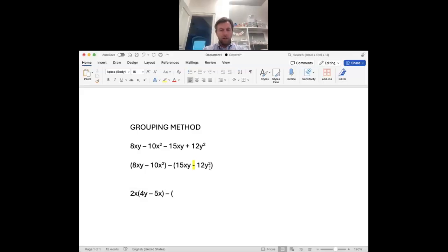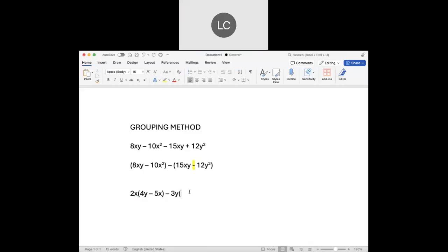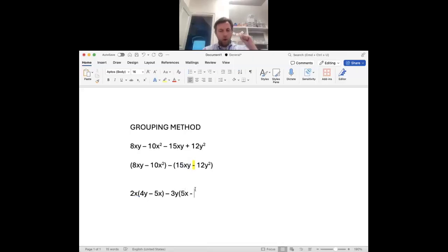Bring down the minus. Now what's the GCF here? Looks like it's 3x. Nope, 3y. So out of the 15xy, pull a 3 and a y out, leaves us a 5 and an x, minus, pull a 3 and a y out of here, leaves us a 4 and a y.